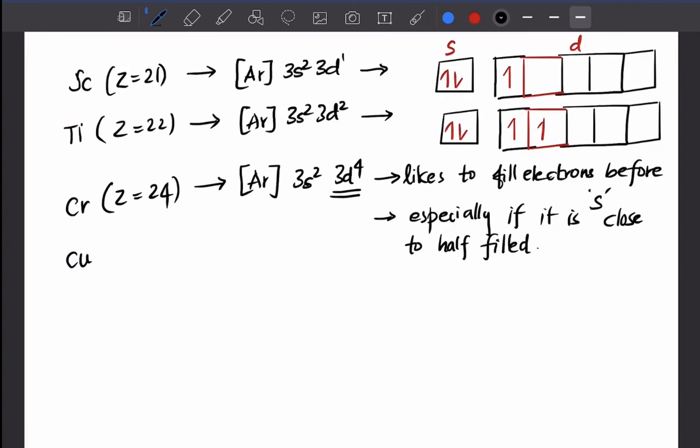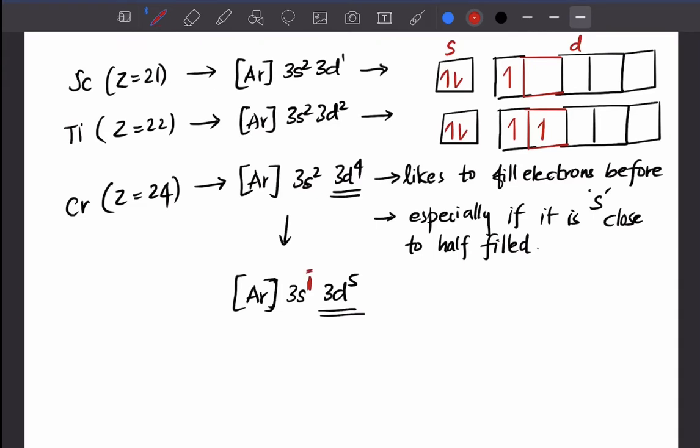So rather than the electron going directly into the s subshell, the electronic configuration changes to argon 3s1, 3d5. So it will fill up the d subshell before it fills up the s subshell. Focus on the s subshell here. There's only one electron here.